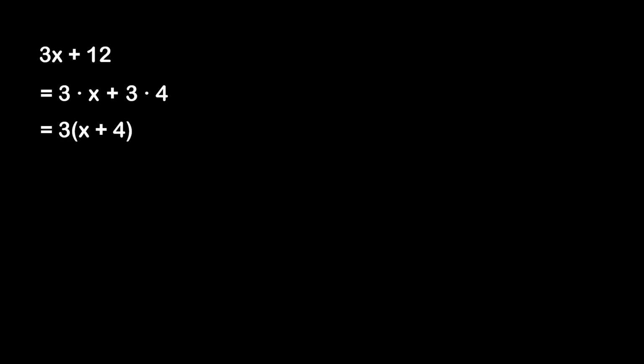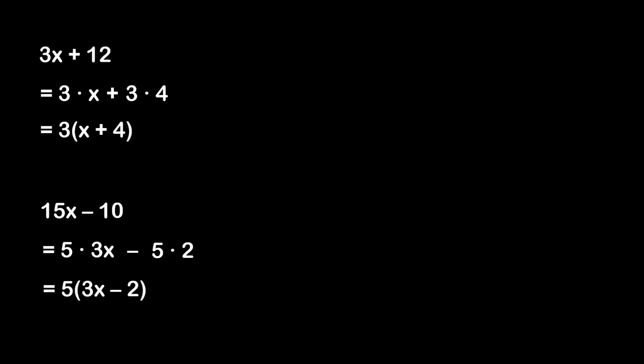Same idea with 15x minus 10. What is the common factor for 15 and 10? Well, it's 5. So we can rewrite 15x as 5 times 3x, and we can rewrite 10 as 5 times 2. So the common factor is 5, and we can factor the 5 out of that expression to leave us with 5 times 3x minus 2.